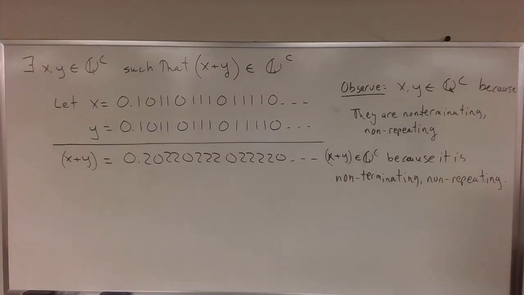Okay, so we have the sum of two irrational numbers that turns out to be an irrational number.